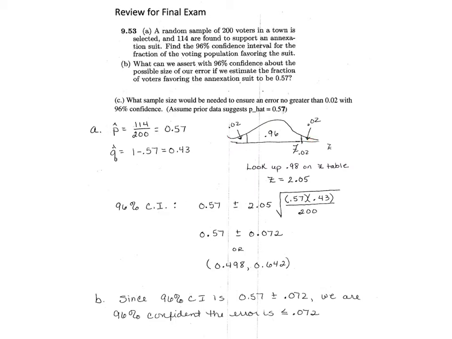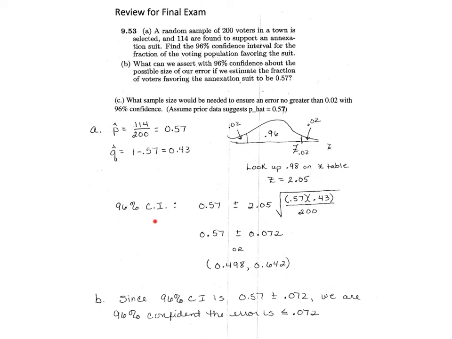So we're going to look up on the Z table for this value here. We're going to look up 0.98 because the area to the left of that point is all of this, which is 0.02 plus 0.96, which gives us 0.98. So when I look up 0.98 on the Z table, I get a critical Z value of 2.05.